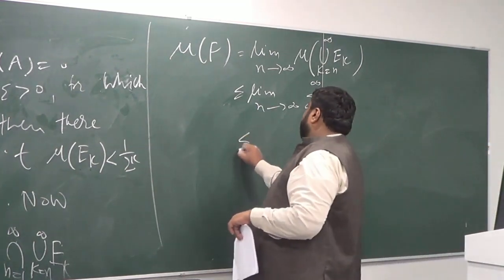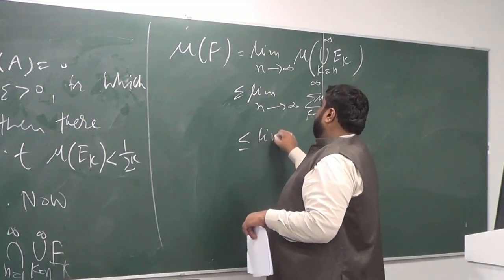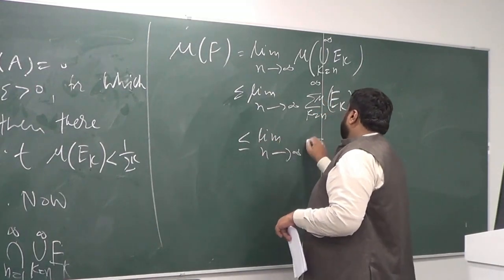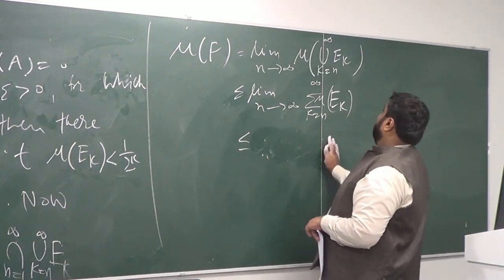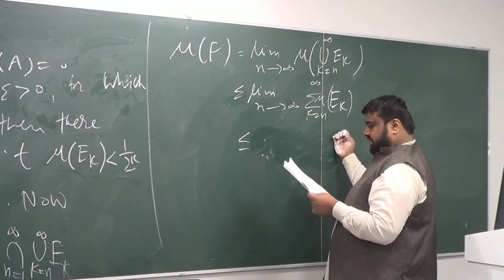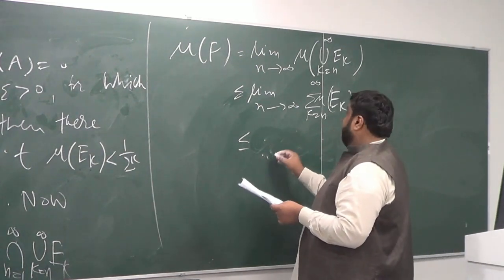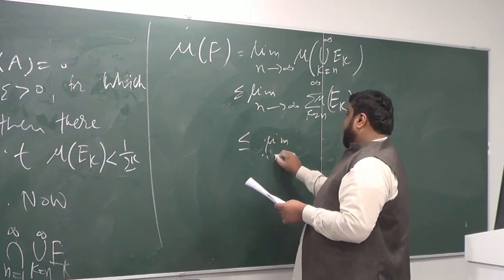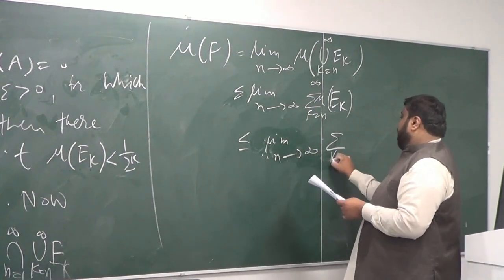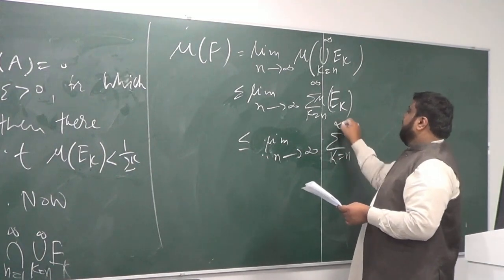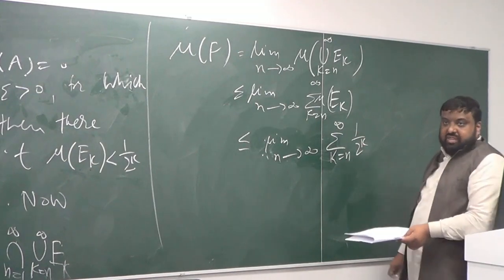But I can say that this is less than or equal to the limit as n goes to infinity of the sum of mu of E_k. I should write it directly. Okay. So this is less than or equal to the limit as n goes to infinity of, from where to where, k equal to n to infinity of 1 over 2 to the k. Okay.